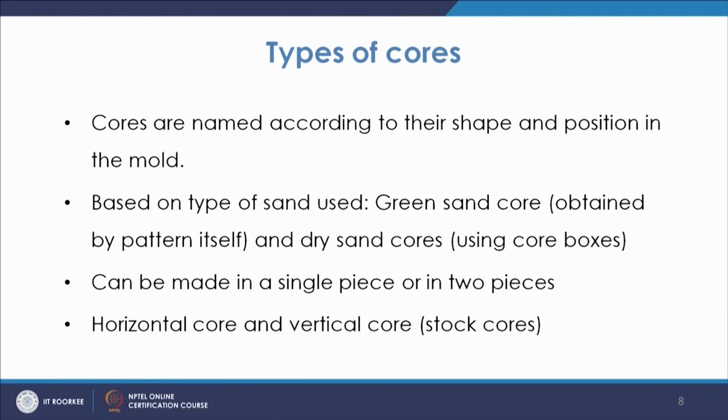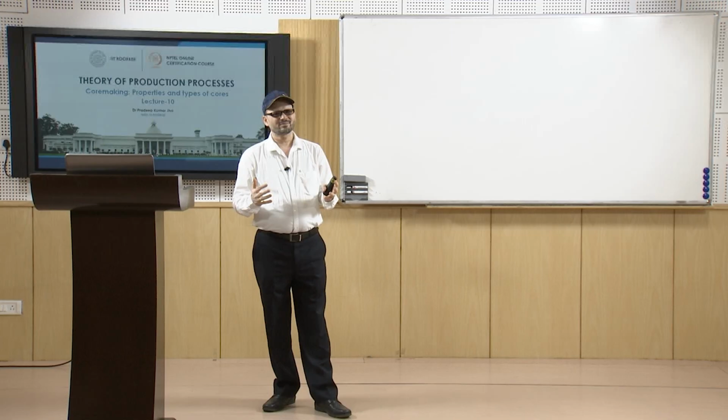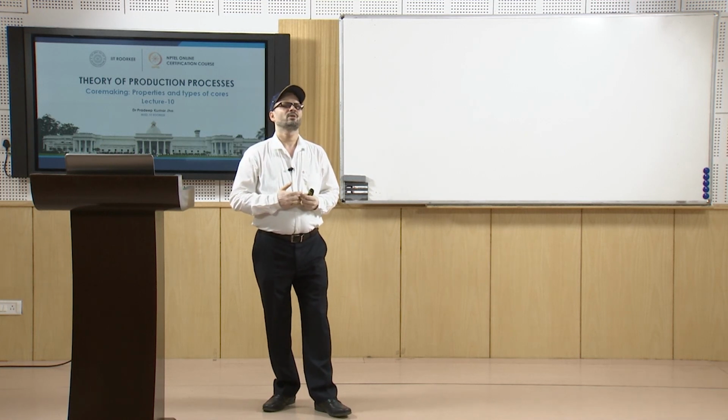Now, next we will discuss the different types of cores. What are the different kinds of cores which are used? Cores are named according to their shape and position in the mold. What kind of shape is there, and how they are used in the mold itself.